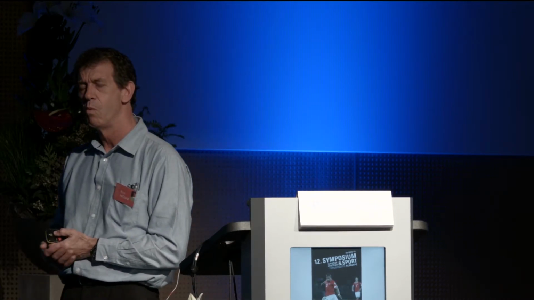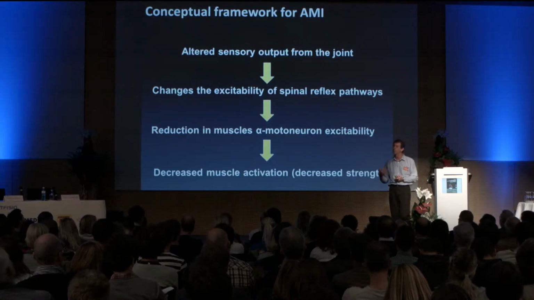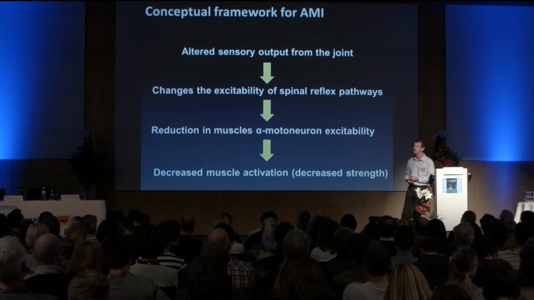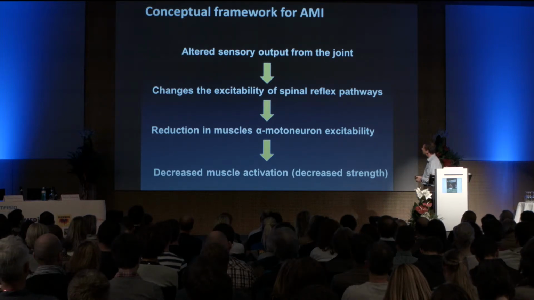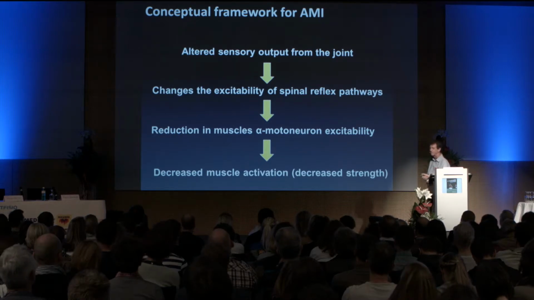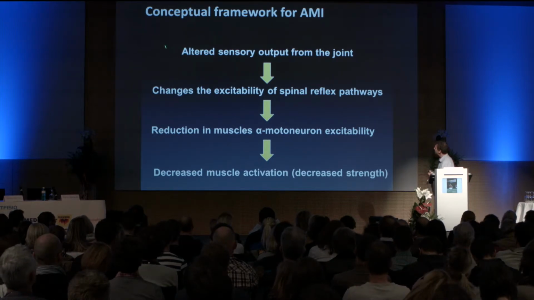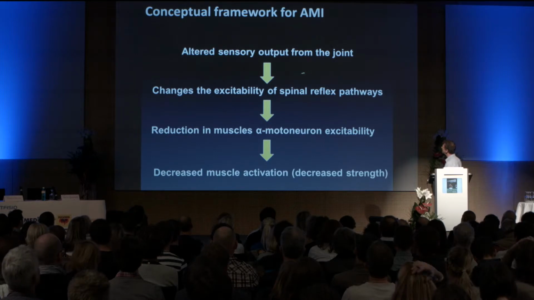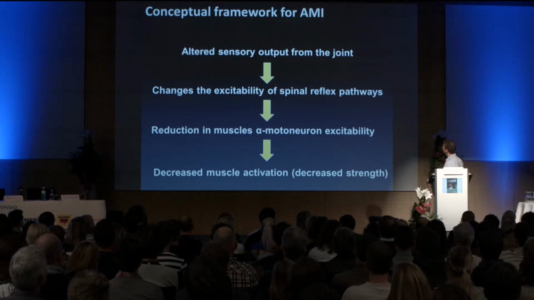Now, what is the mechanism? Why is this happening? What's the cause of this inhibition that I'm talking about? This is a conceptual framework of AMI that you see in front of you here. And one of the key points is that we get altered sensory output occurring from the joint.